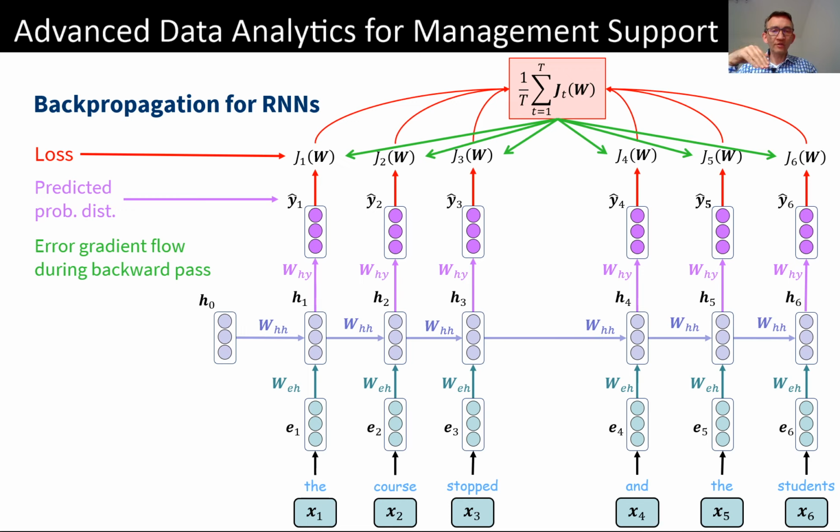Considering the arrows shown so far, we have our loss function, J_t, which is a sum. And for every step in time, in the derivative, we will just have the individual loss values here.